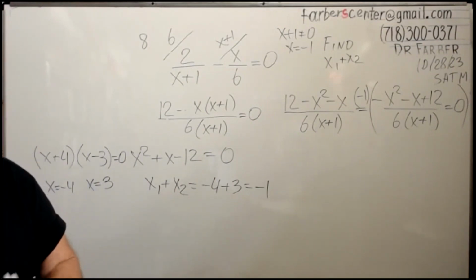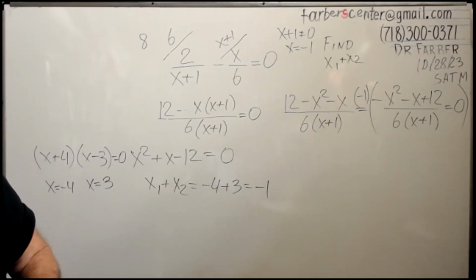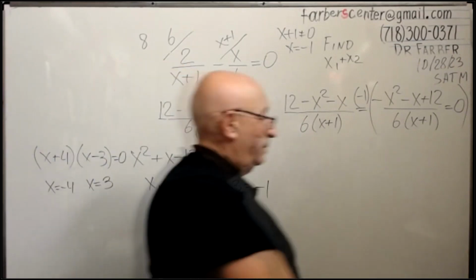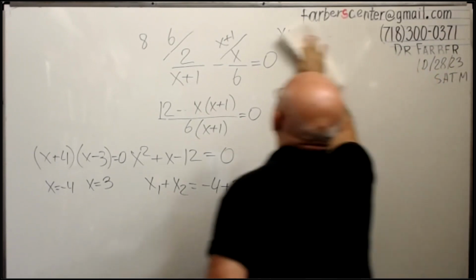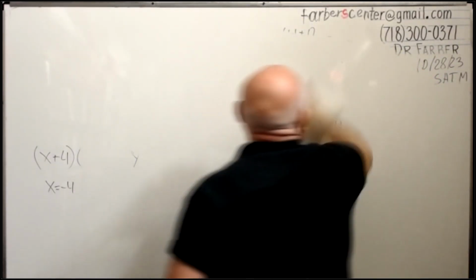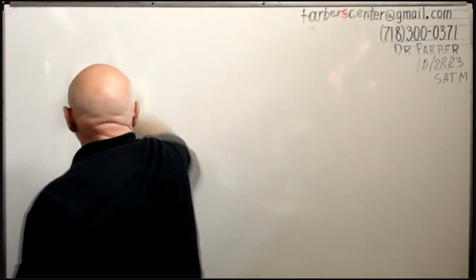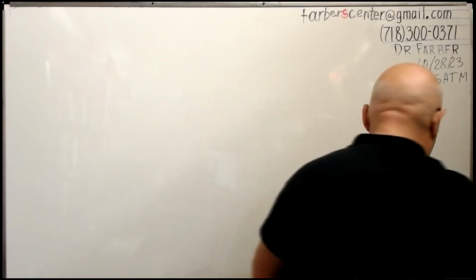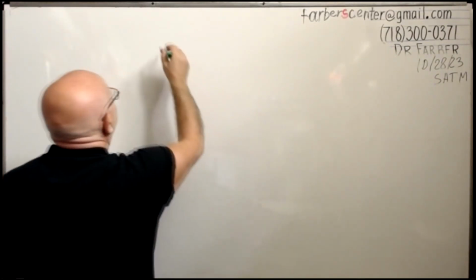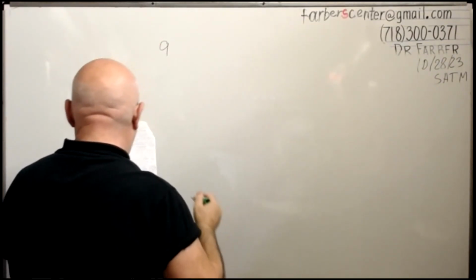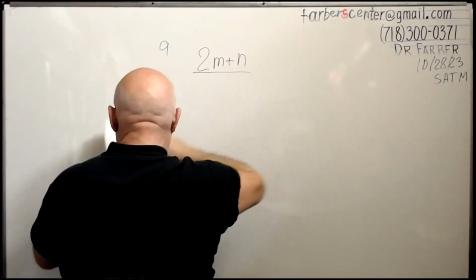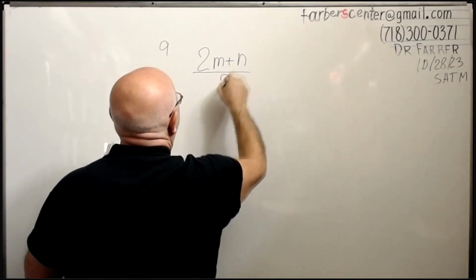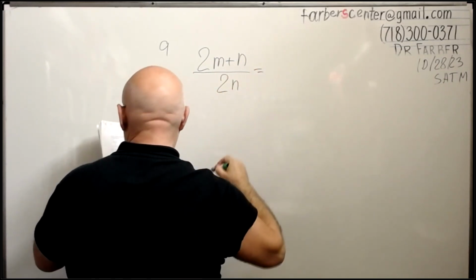Okay. Number 9, very fast. (2m + n) divided by 2n equals 3 over 4.